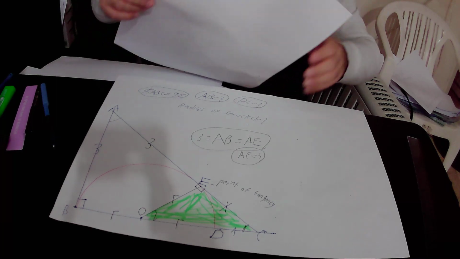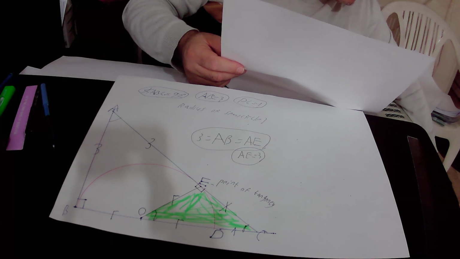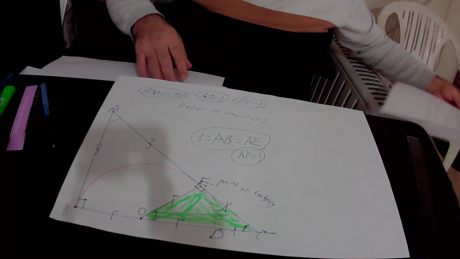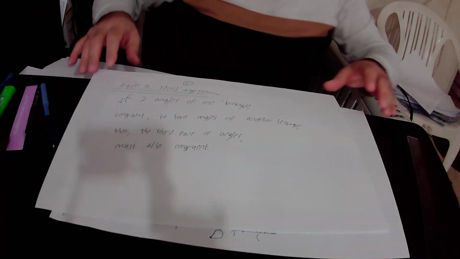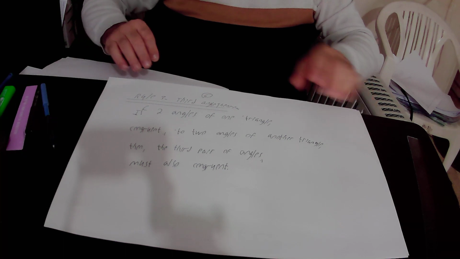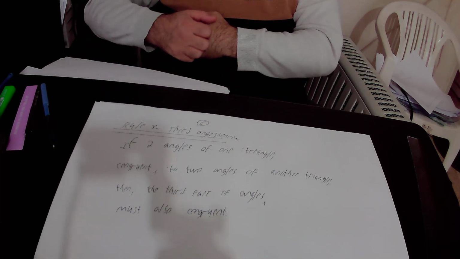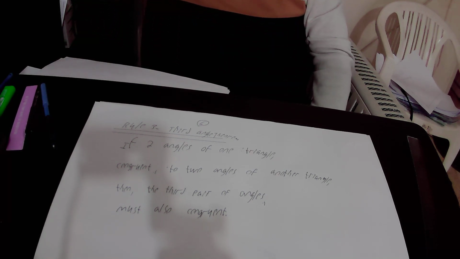So, what is the third angle theorem? The third angle theorem states that if two angles of one triangle are congruent to two angles of another triangle, then the third pair of angles must also be congruent.